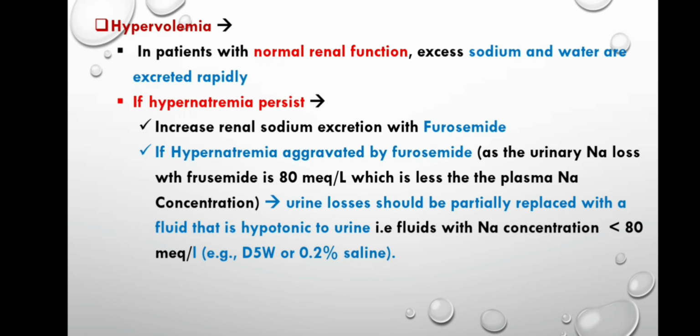The furosemide will cause hypotonic fluid loss and if we are giving the same hypotonic fluid, the net result is 0. So we are giving furosemide. This furosemide will cause sodium loss with water loss, but water more than sodium, and we are giving hypotonic saline, usually quarter saline, because half normal saline contains 77 milliequivalent per liter, which is approximately equal to the amount of sodium which is lost during furosemide use.